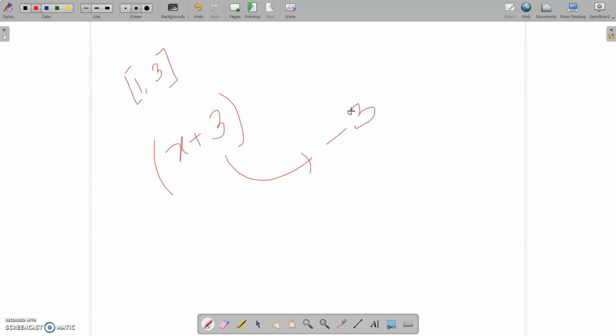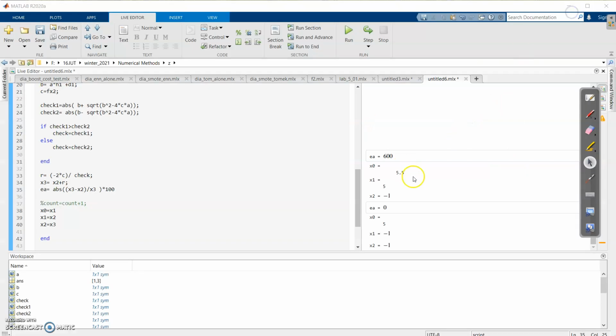So what I am getting here is that my first root was identified as 4, the second root as minus 1, and the third root as minus 3. I hope it is clear to you now.